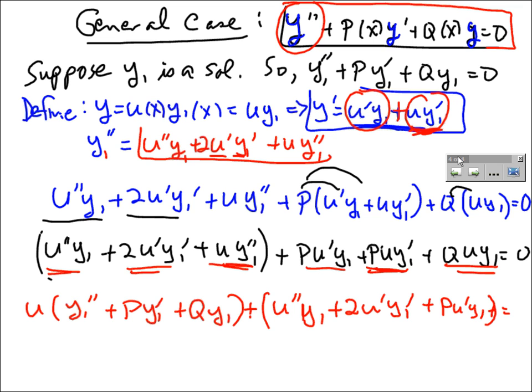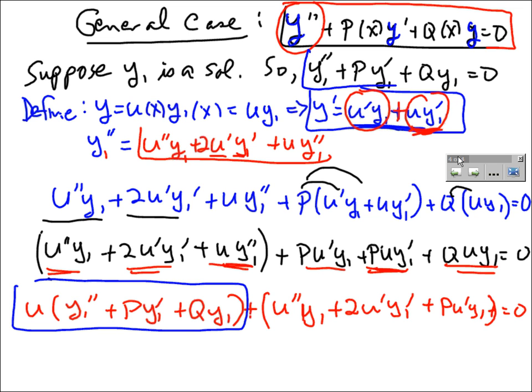Okay. And we know this is 0. But the first piece is also 0, because remember, y double prime plus p y prime plus q y1 equals 0. This piece is 0, and when I multiply it by u, it's still 0.